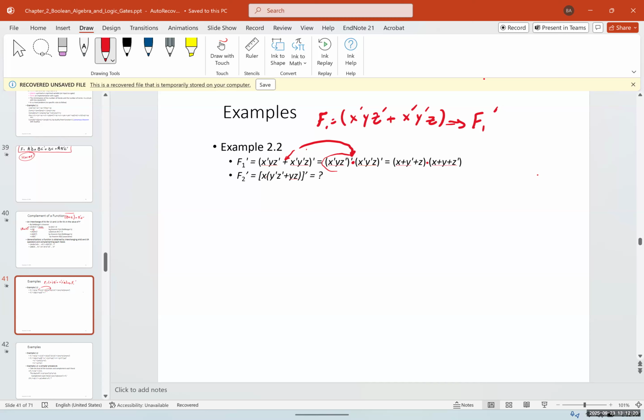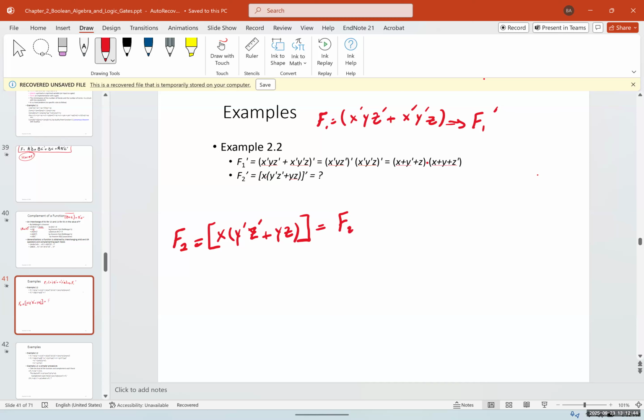Now, I want you to think on this for a few minutes and then solve f2 prime for me. So f2 is equal to x y prime z prime plus y z.